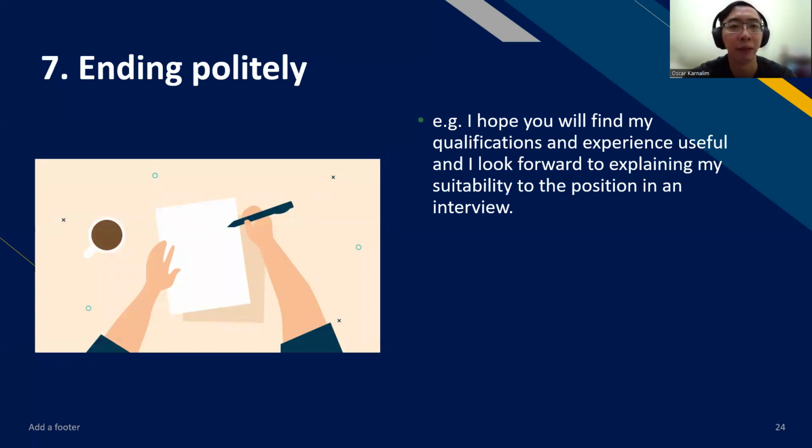And the last one is ending politely. So you need to say, I hope you will find my qualifications and experience useful, and I look forward to explaining my suitability for the position in an interview. So usually when you apply for a job, you send the letter, and after that, if they are interested in you, they will call you for an interview. That is the next step.